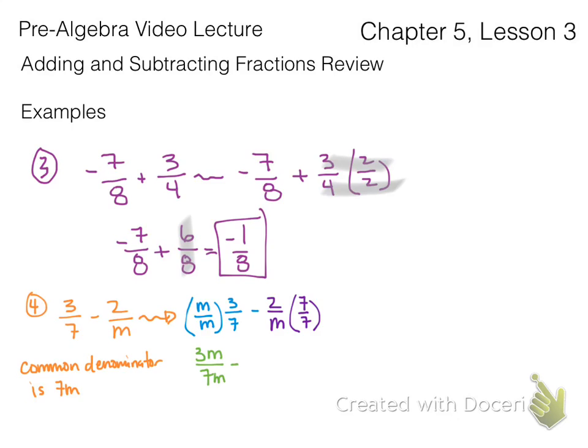So I'm going to end up with 3m over 7m minus 14 over 7m. Since 3m and 14 are not like terms, again 14 is a constant and 3m is not, you cannot subtract them. It is just 3m minus 14 over 7m. That's it. Can't go any further than that. Can't simplify the numerator any further. Therefore, that is your final fraction answer.